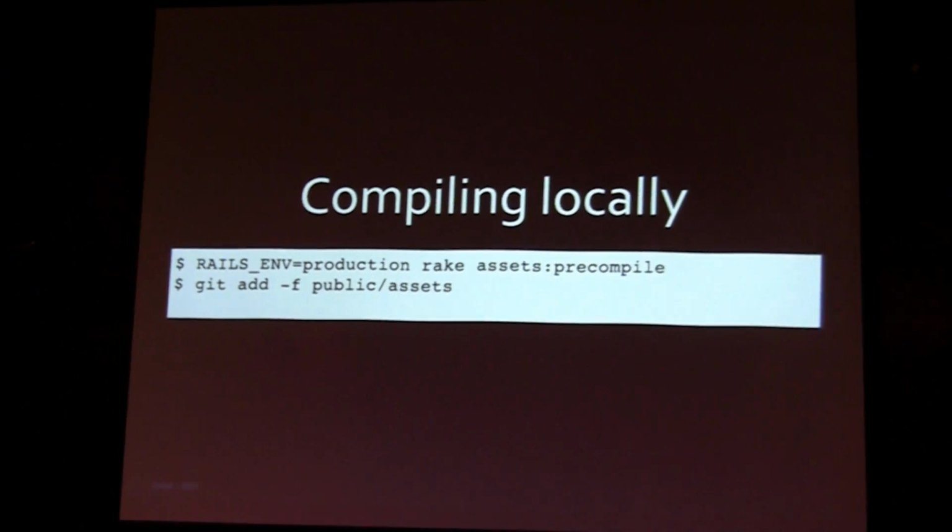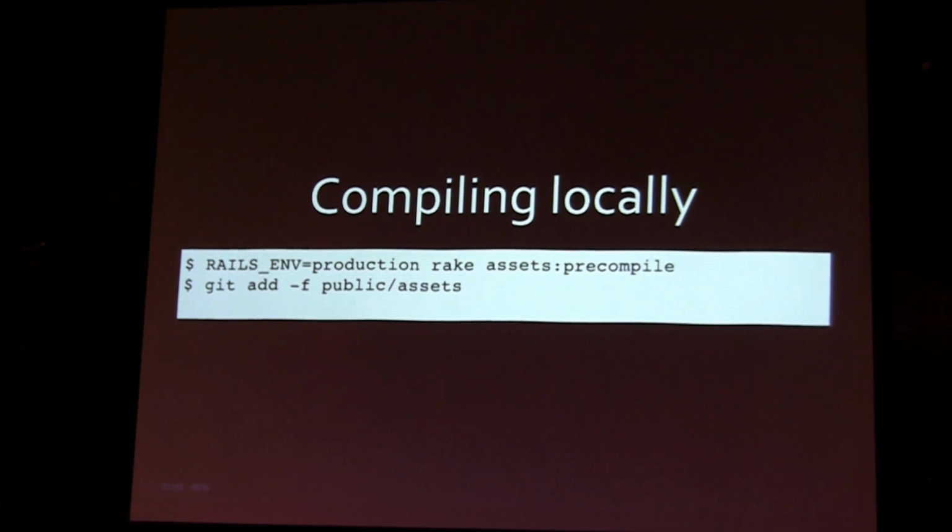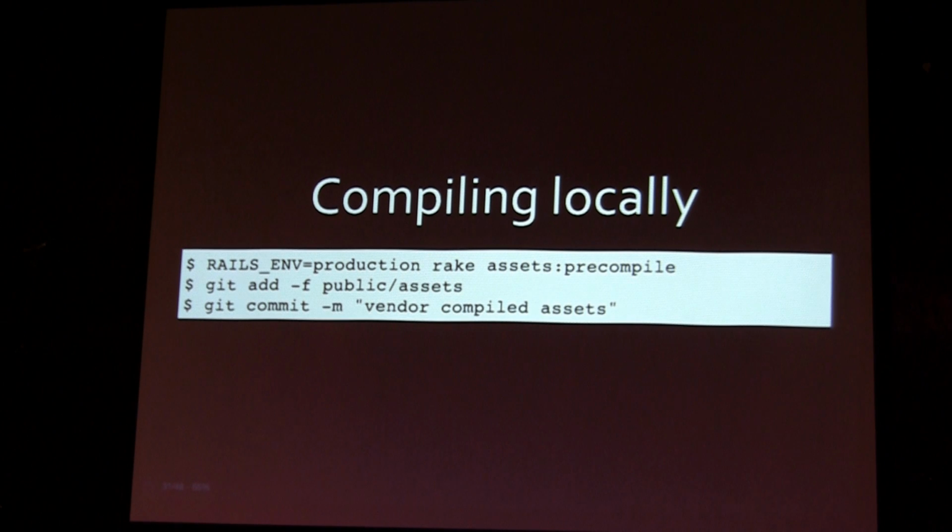Inside this file is all the assets and the corresponding MD5 sum that works with it. You want to make sure that you pass in the -f flag, because by default Rails 3.1 will add public/assets to gitignore, so Git will complain, and then you just commit the assets.